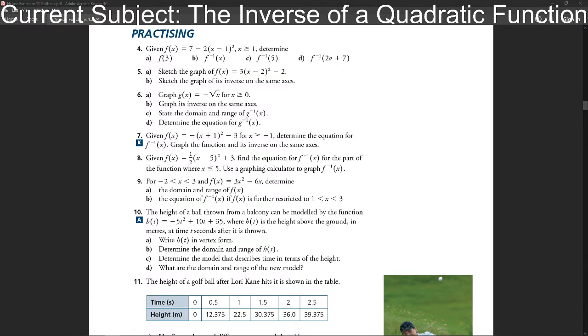Determine the equation for f inverse of x. Graph the function and its inverse. Oh wait, we were still looking at this one. 6a. For x greater than or equal to 0, graph its inverse on the same axis. Technically, the inverse of this would just be negative x squared, right?